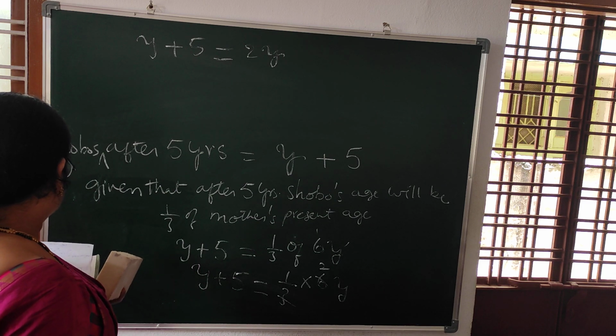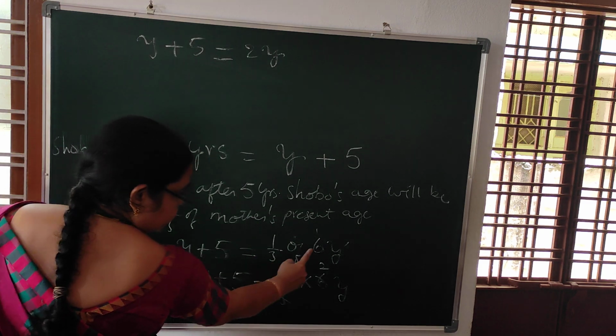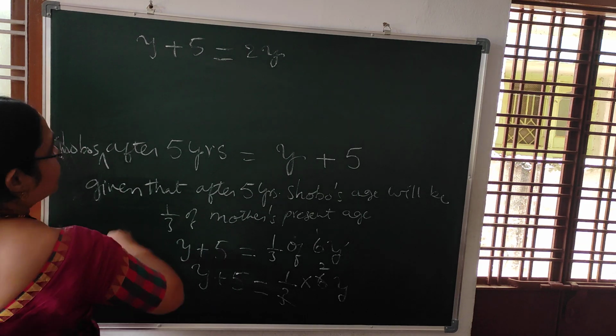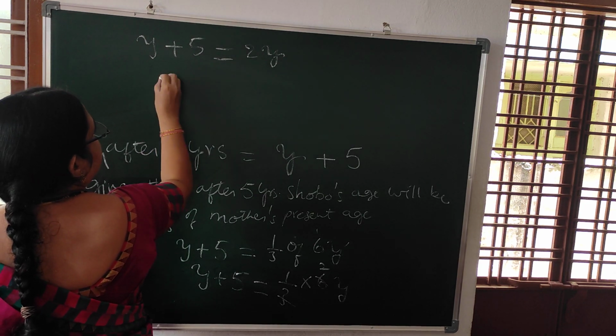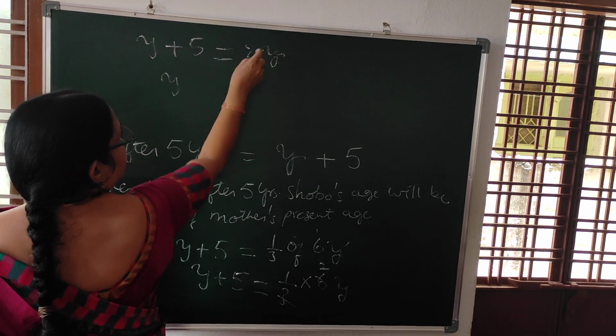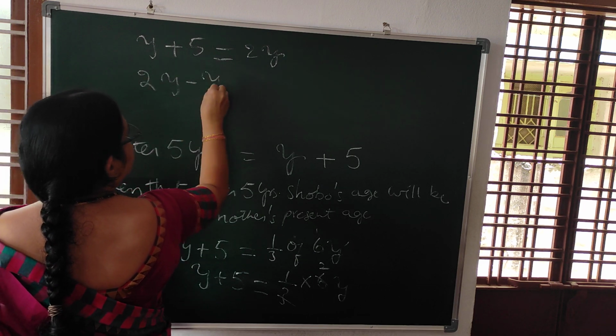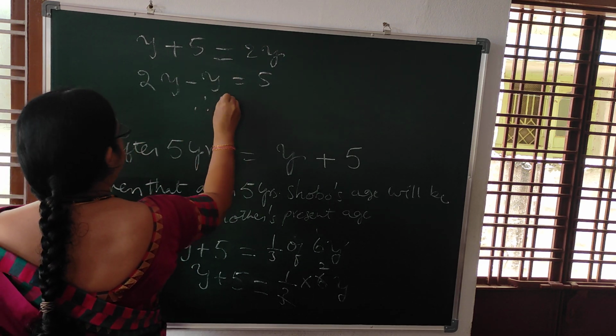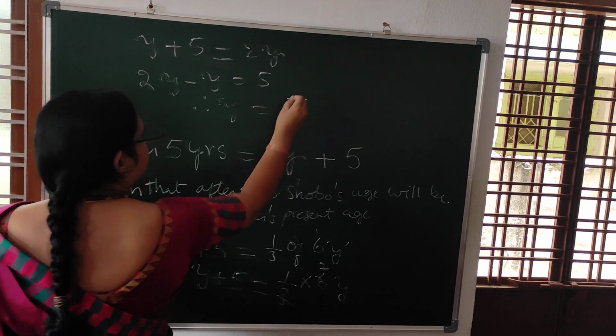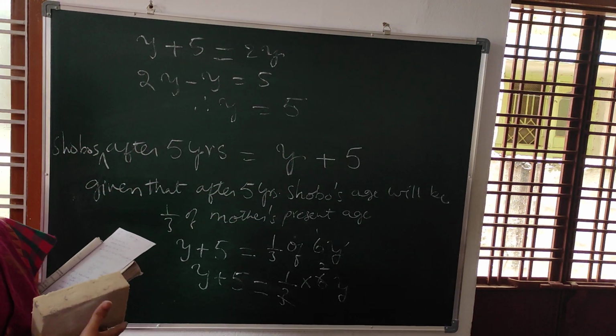So y is equal to how much? This y goes to that side: 2y minus y is equal to 5. Therefore, y is equal to 5 years.